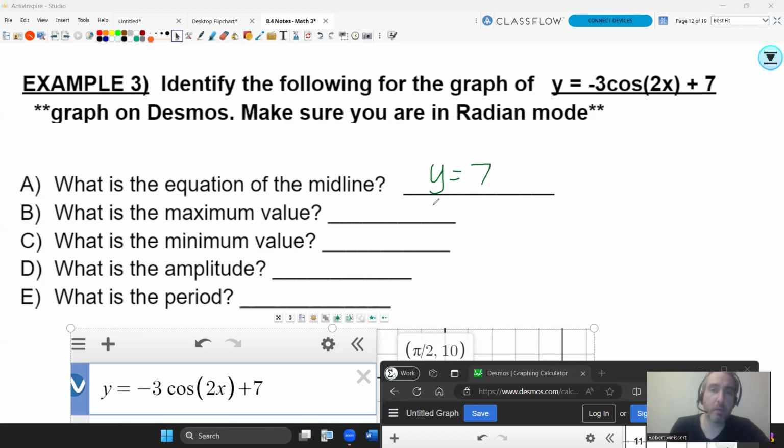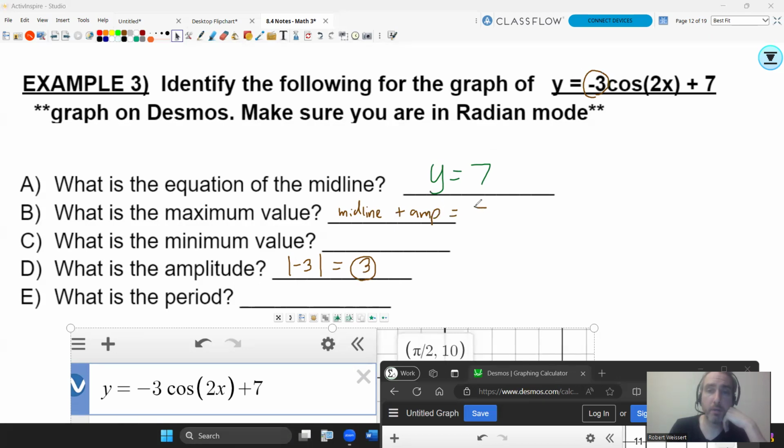All right, your maximum value. Now you can do this by first identifying your amplitude. So if you go to this graph here, you look at your leading number. Now drop the negative if it's negative, okay? Your amplitude is just going to be the absolute value of that number. So it's just going to be 3. So if you know your amplitude is 3, you can actually get your maximum value by doing your midline plus your amplitude.